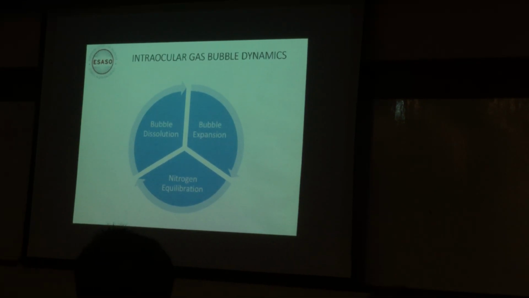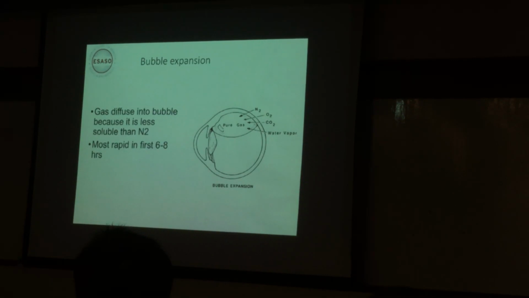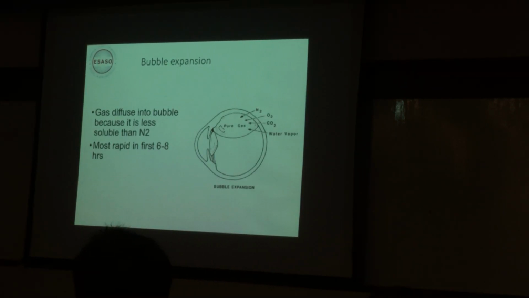It goes through bubble expansion, then nitrogen equilibrates, and then it dissolves out of the eye. Okay, so it expands purely because gas diffuses into the bubble when it is less soluble than nitrogen, and usually the most rapid increase of this diffusion of gas is in the first 6 to 8 hours after injection.